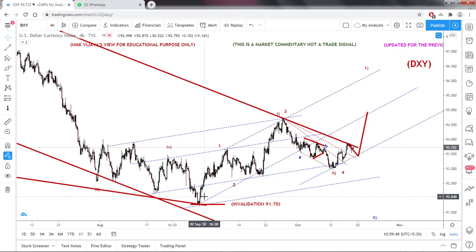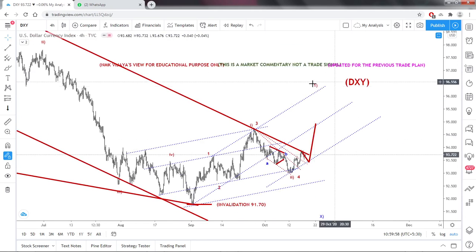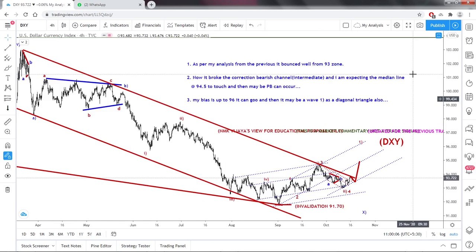After that, the 1, 2, 3, 4 and 5 has to finish at nearly 96 for the approximate zone. After that, once wave 1 is completed in the leading diagonal triangle, the second wave will take more time, and then afterward it has to shoot for the higher degrees.